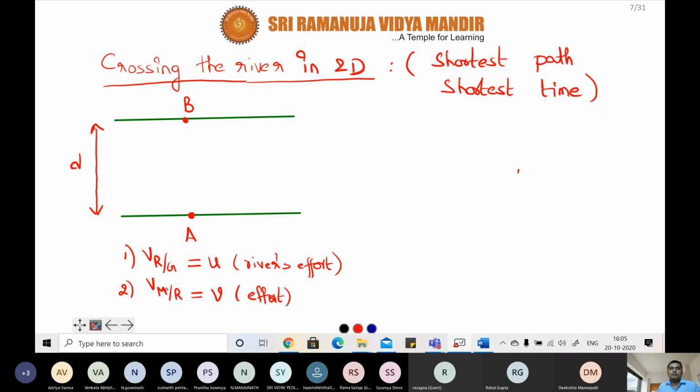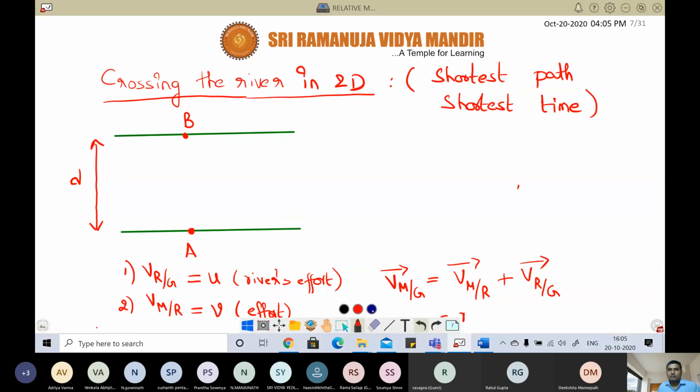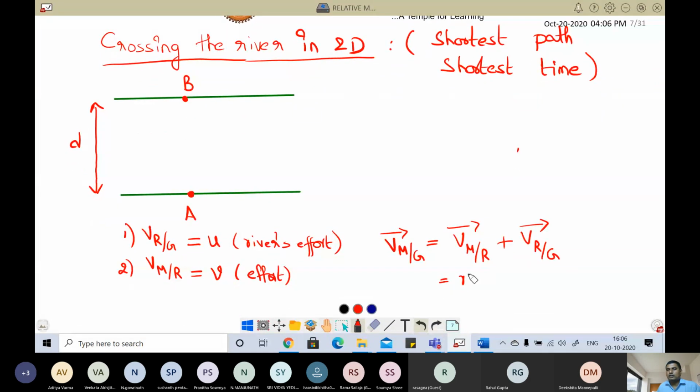That is, velocity of man with respect to ground is equal to velocity of man with respect to river plus velocity of river with respect to ground, which is nothing but man's effort plus reverse effort. Of course, we have to add vectorially. Please remember man's effort and reverse effort.